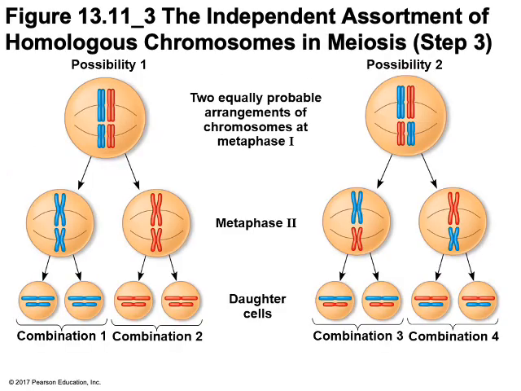So with just 2 sets of chromosomes, you can get 2 to the 2 different ways it gets arranged. You could get one copy of dad's and one copy of dad's. You could get one copy of mom's and one copy of mom's.